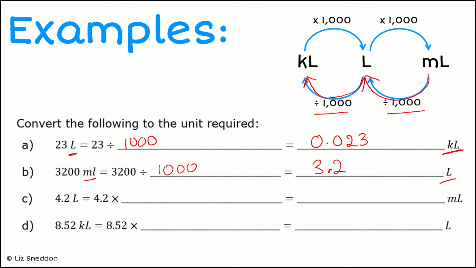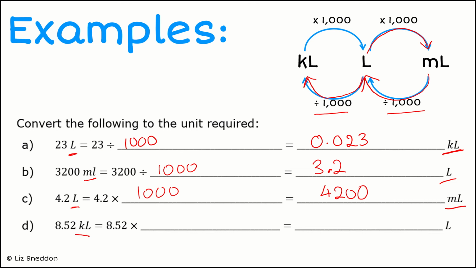For part C, I've got something in litres, 4.2 litres, and I want to change that to millilitres. So litres to millilitres, I'm going to multiply by 1,000. So 4.2 times 1,000 is going to give me 4,200 millilitres.